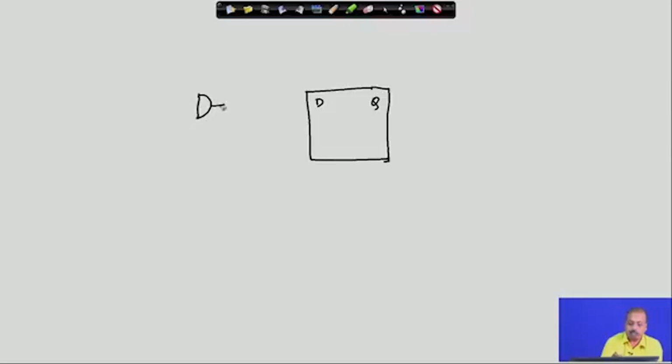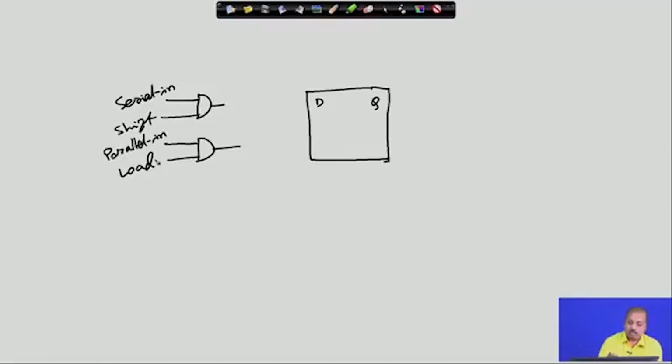So, one input for the D can come from this serial input and the shift control. The other possibility is that I am loading it parallelly. So, when I am loading it parallelly, I should have this parallel in and the load control, and depending upon whichever control is given.